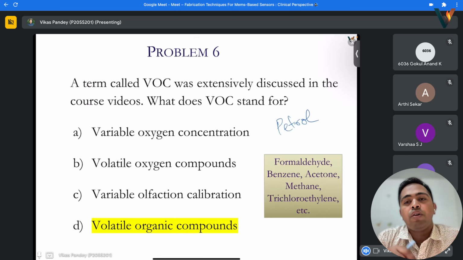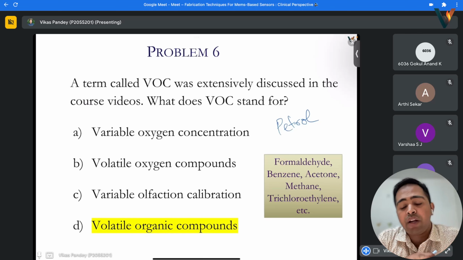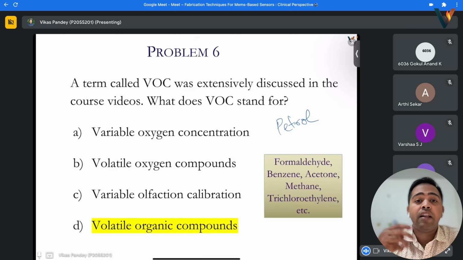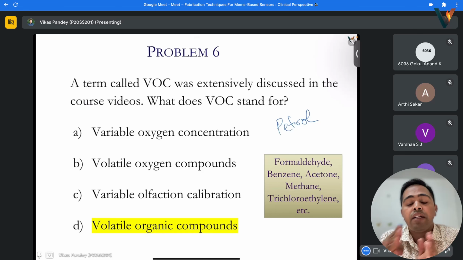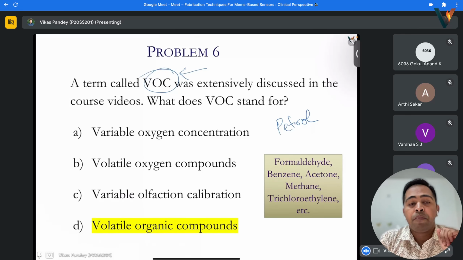In that case, we will not have to invasively prick someone or take out blood. Nothing will be required. We will be able to detect, and that also very easily and at a very early stage. That is why these VOCs are quite important in case of biosensors, and a lot of work is being done to detect VOCs. Okay. Any confusion till here?